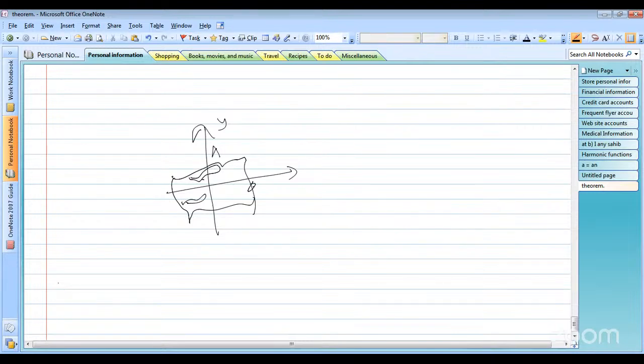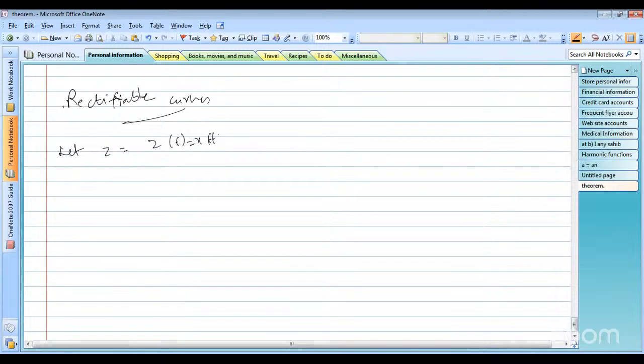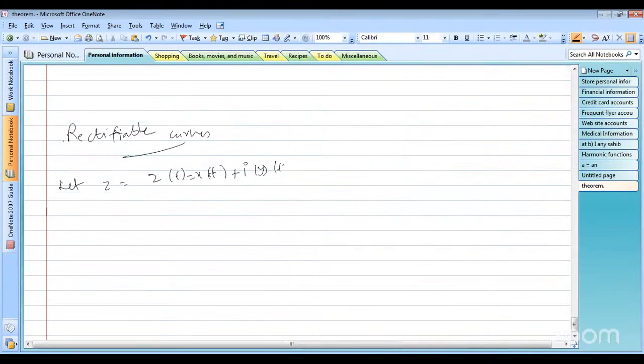Then rectifiable curves. Let z is equal to z of t, which is equal to x of t plus i into y of t, with x and y real, where a less than or equal to t less than or equal to b, define a curve C in the complex plane here.